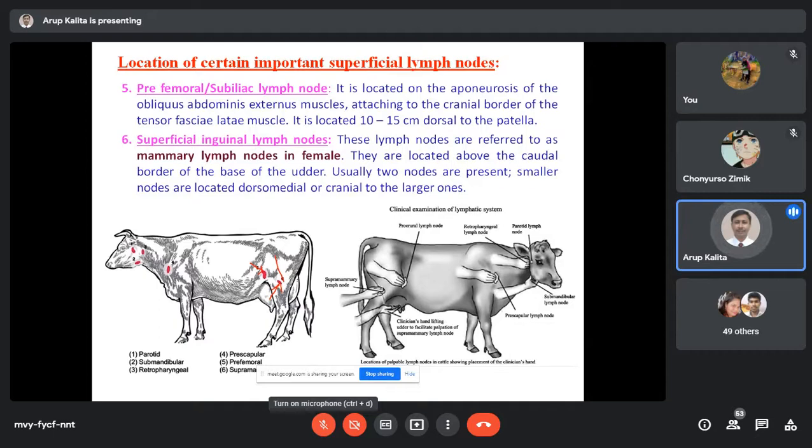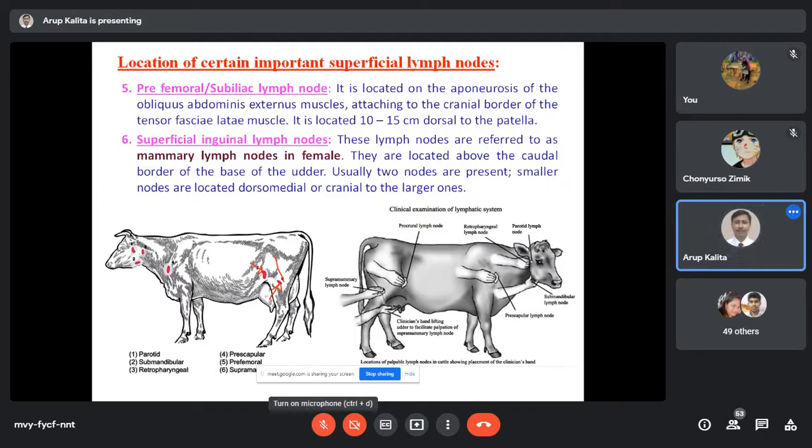Now, there are two things. To understand whether the lymph node is swelling or not, first of all, you have to know the location of the animal. Otherwise, you cannot touch the whole body, right? So location is very important. You have to know these locations of this lymph node.